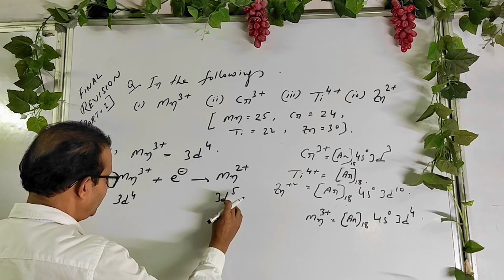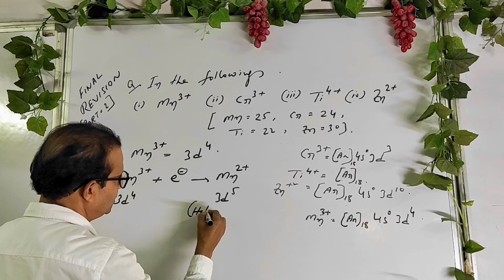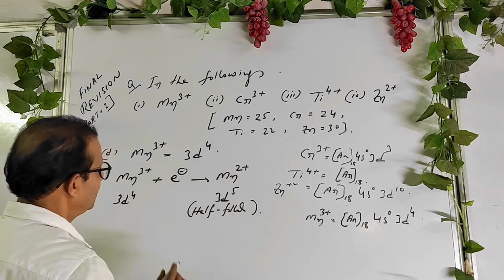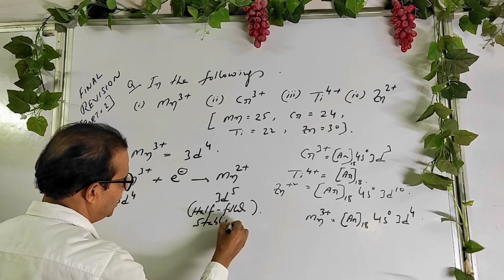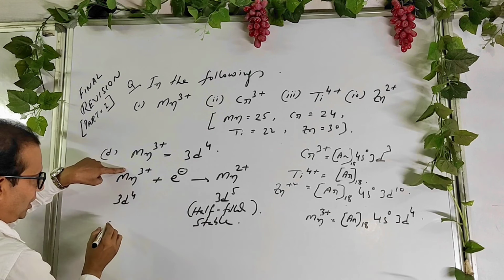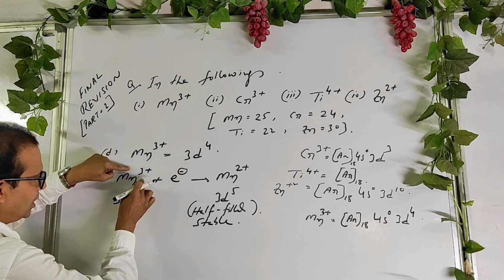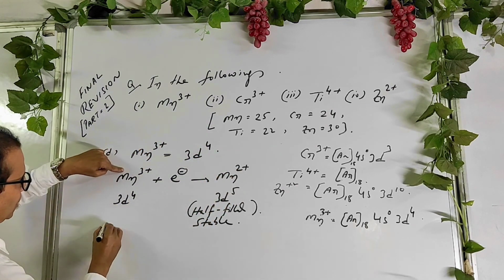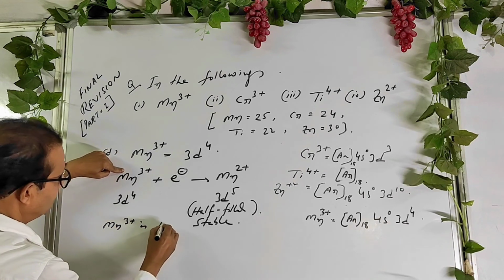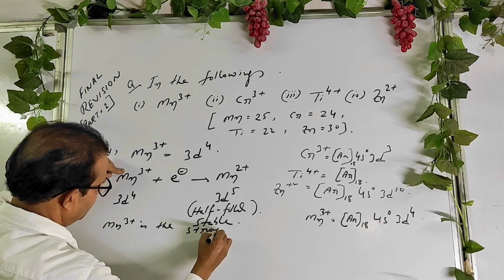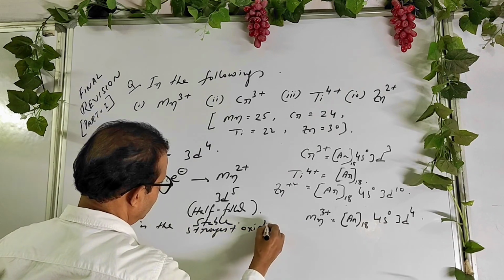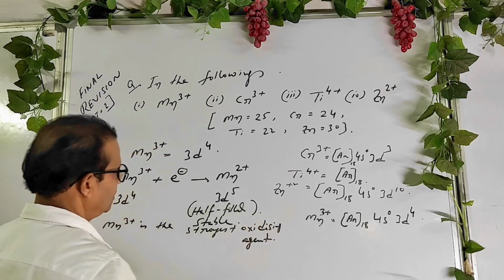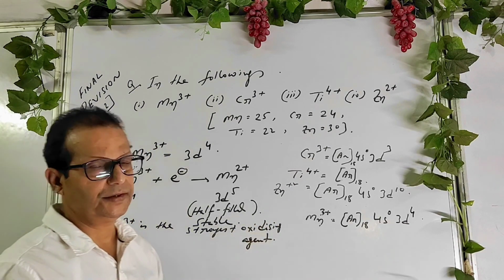You know that if the d orbital contains 5 electrons, it is called half filled, and a half filled orbital is very stable. That's why Mn3 positive is the strongest oxidizing agent, because it has a tendency to gain an electron to become a stable configuration. Okay, it is the strongest oxidizing agent.